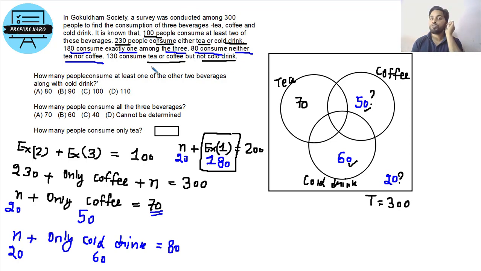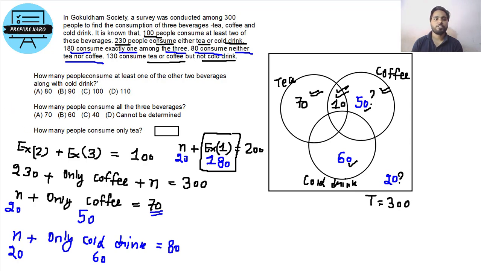That means this region plus this region plus this region is 130. So tea 70, 50, 120. So only tea and coffee will be 10.